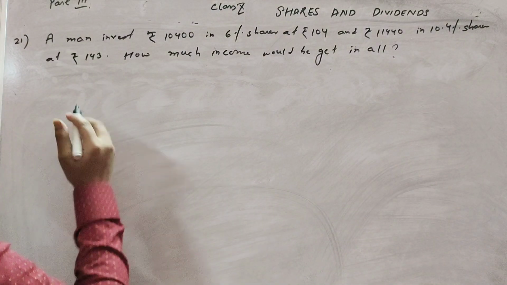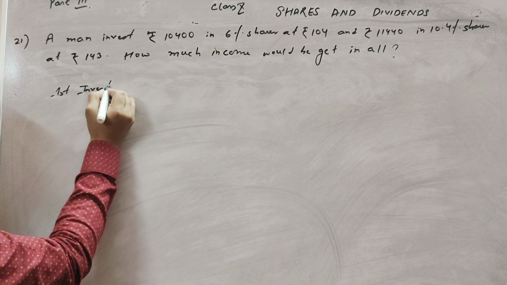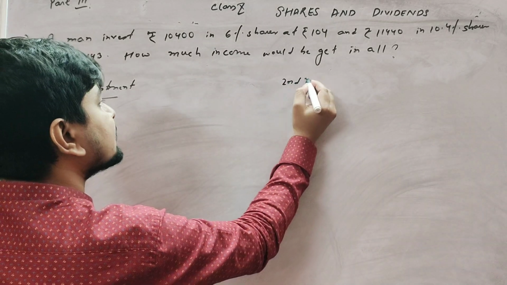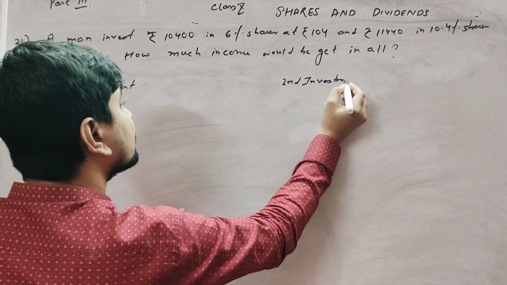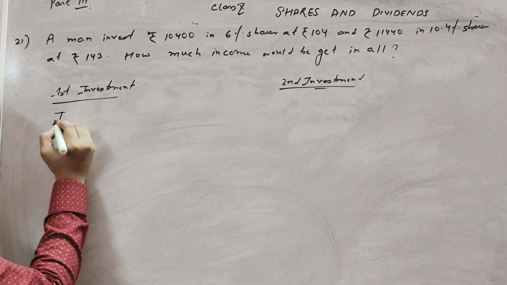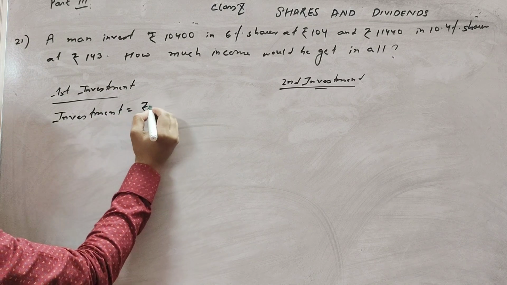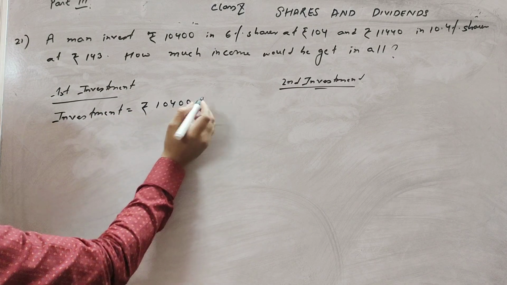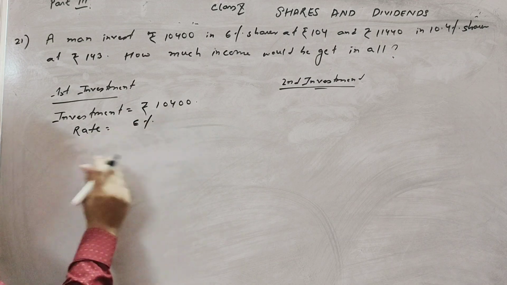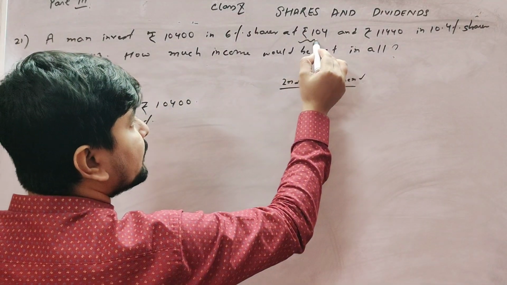So we write first case and second case. You see, first investment, and here you calculate second investment. Done. So first investment case is investment amount equals rupees 10,400, rate equals 6%, face value nothing given, it's given at rupees 104.